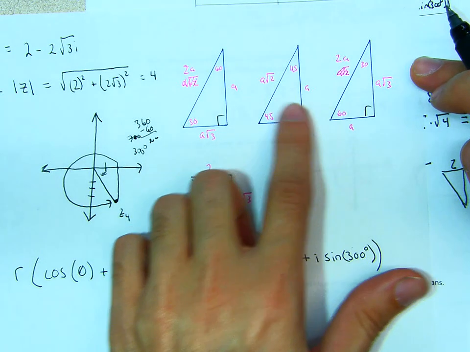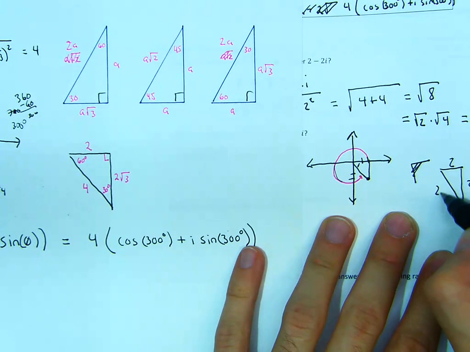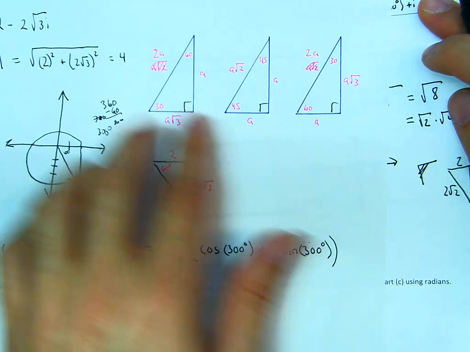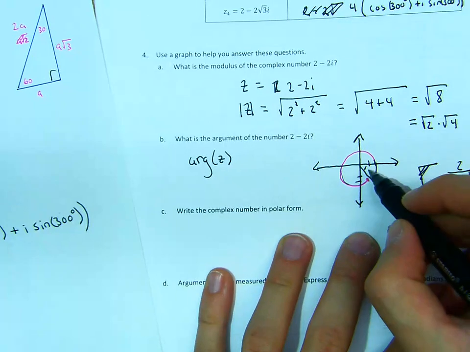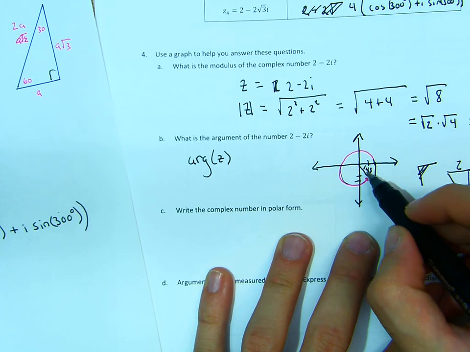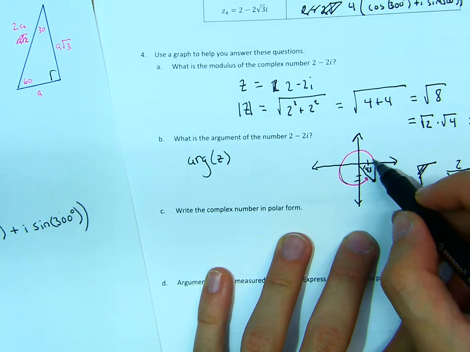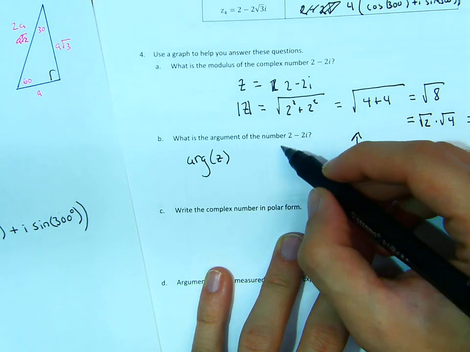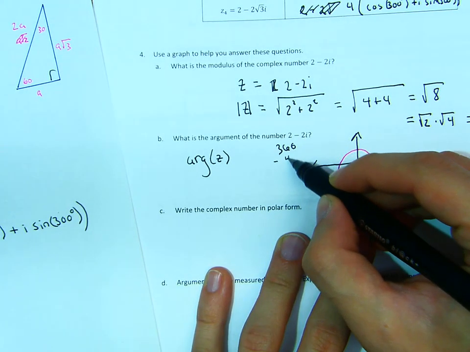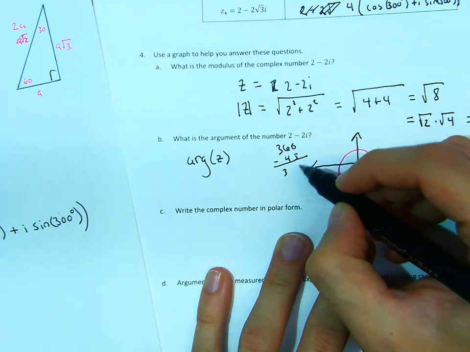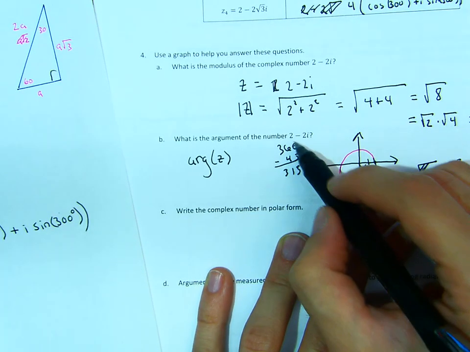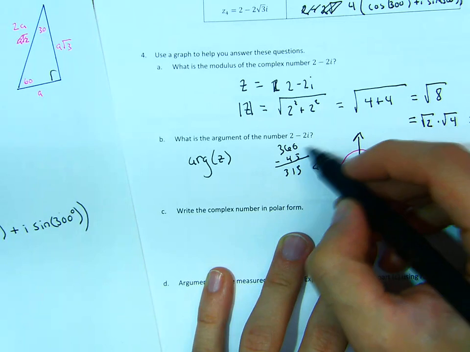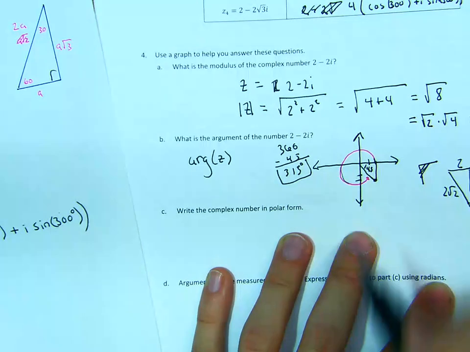And notice that this is just 2 root 2 here. So for sure, I'm using this 45, 45, 90 triangle. So I know that this angle has to be 45. If this angle is 45, then this whole entire rotation is 360 minus 45, which is 315. Okay, so I know that the argument of 2 minus 2i is equal to 315 degrees.